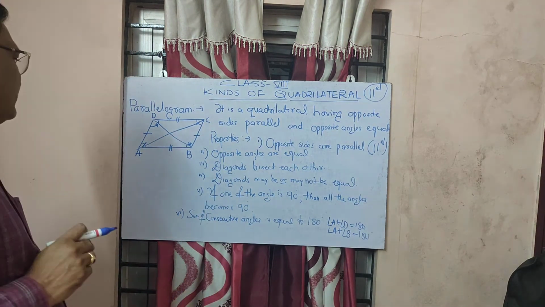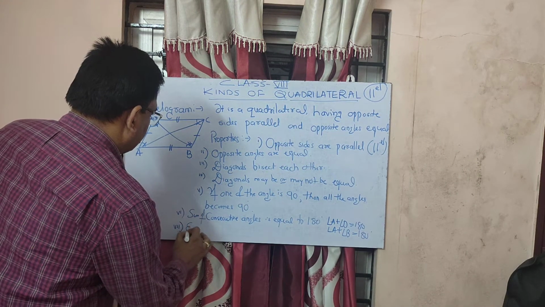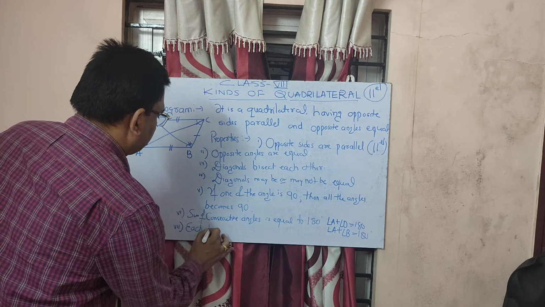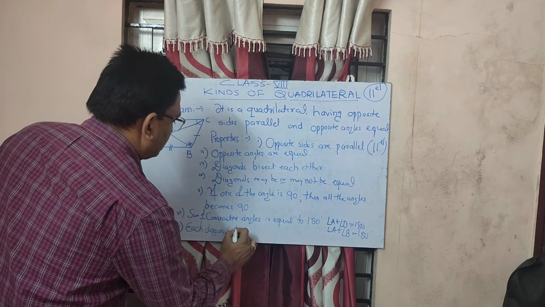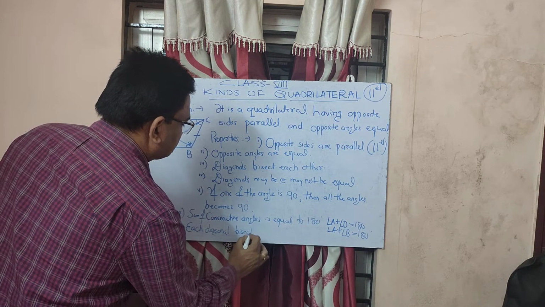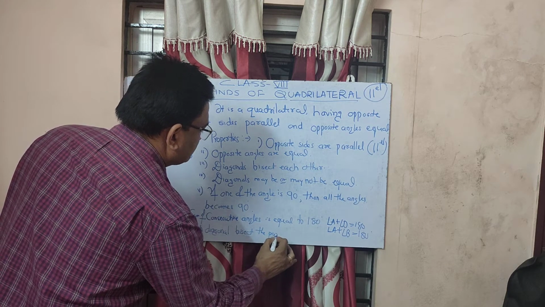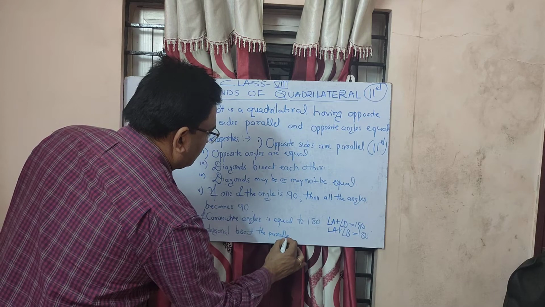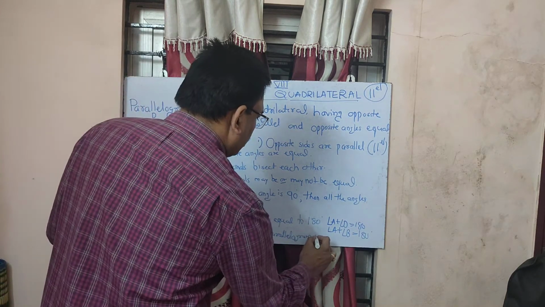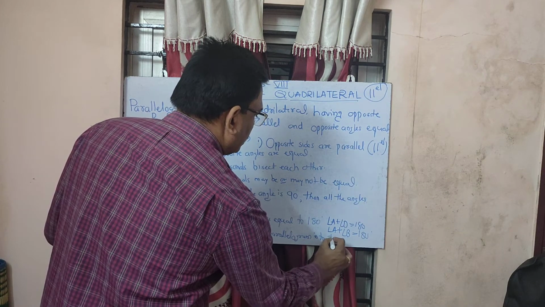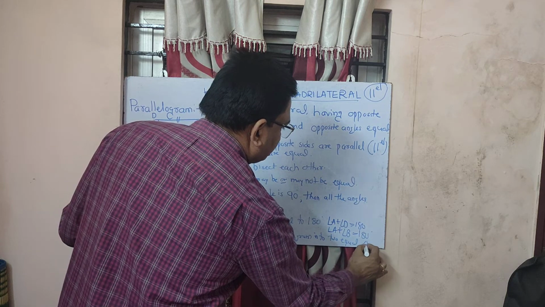And the last property, that is the seventh one: each diagonal bisects the parallelogram into two equal triangles.